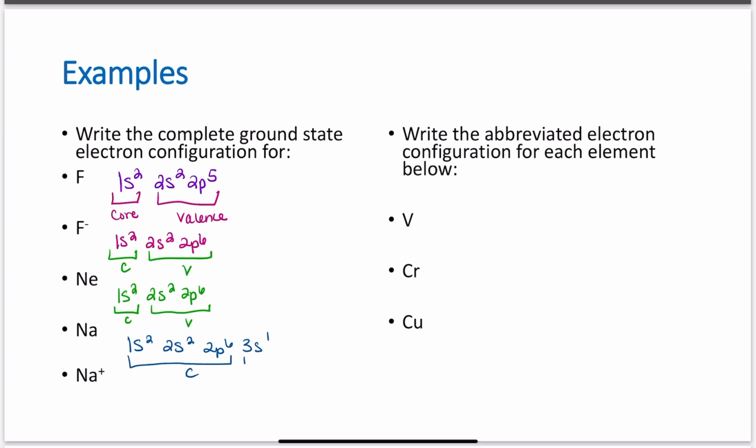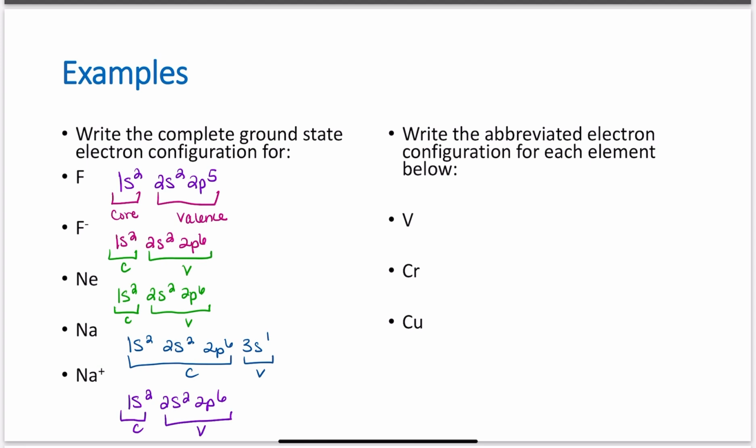These are my core. This is my valence. If I have sodium ion, though, that means I lost one electron. 1s2, 2s2, 2p6. This is my core. Now this is my valence.